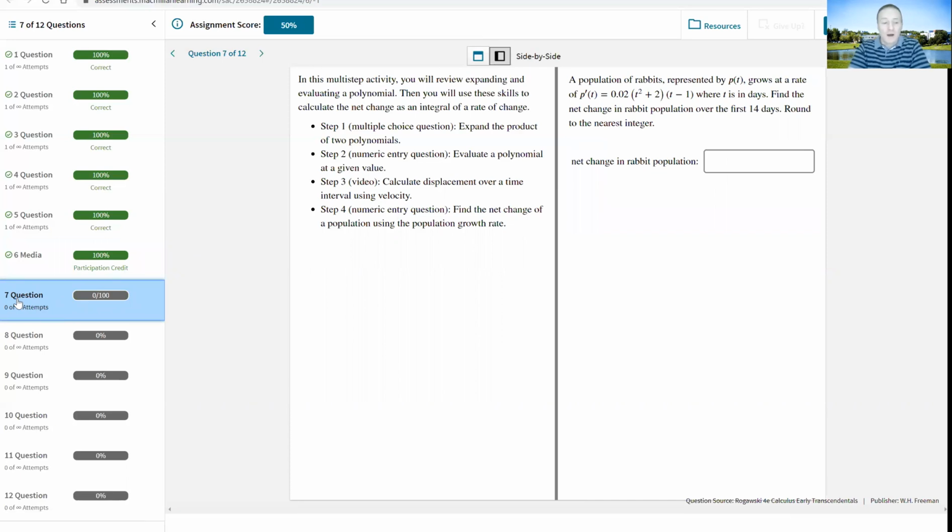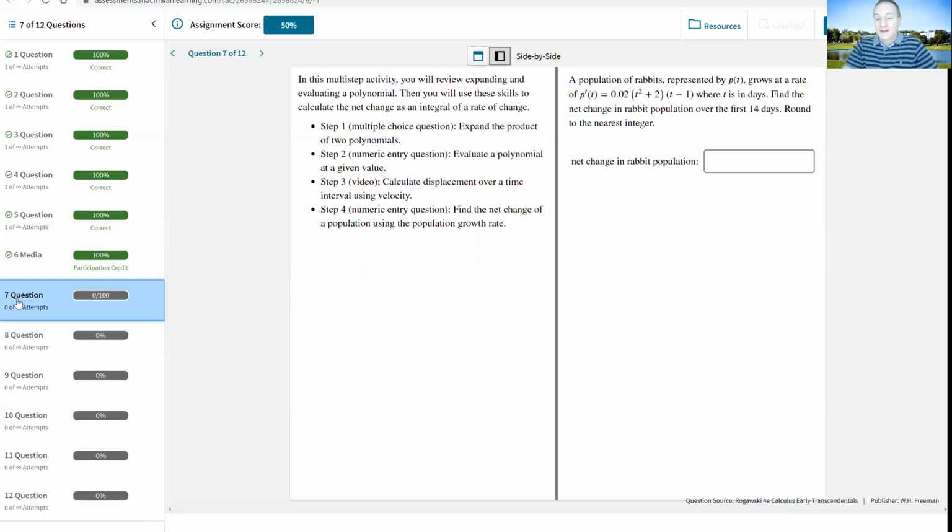It's giving me a problem in which it applies their earlier algebra, where it's giving me a rate of time, but that rate of time is a product, where in this case, the rate of time is representing the growth rate of a population of rabbits.